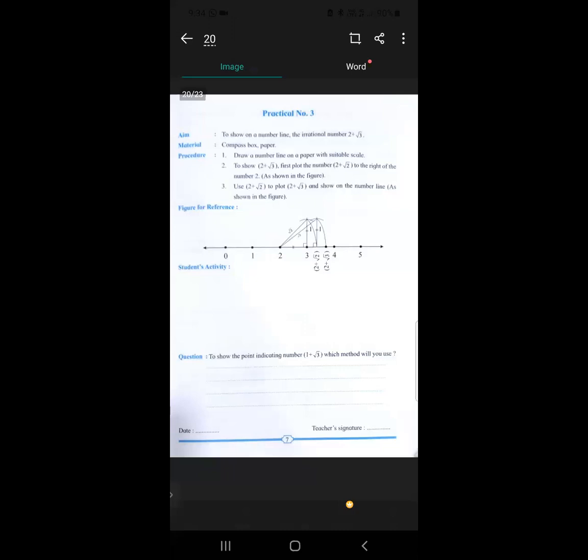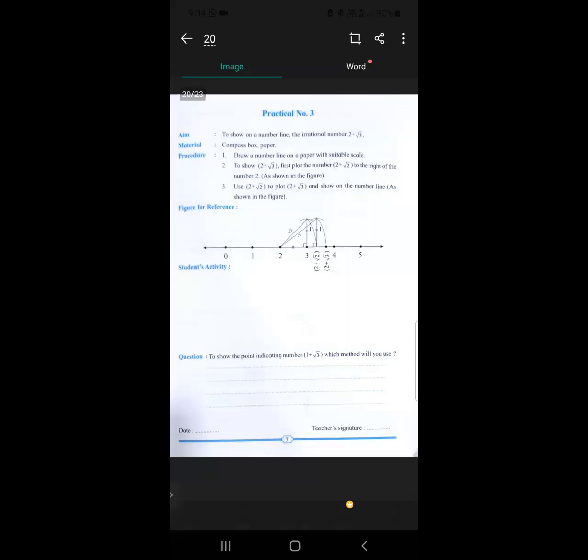Now here we are moving to the second chapter, that is the real numbers. And in real numbers, all of you know that there are rational numbers, irrational numbers apart from the natural, whole numbers, integers. So first of all, before solving this practical, you should know what is a rational number and what is an irrational number.